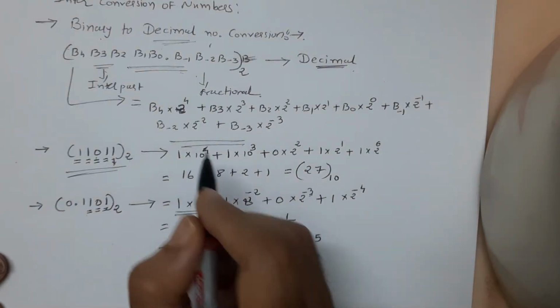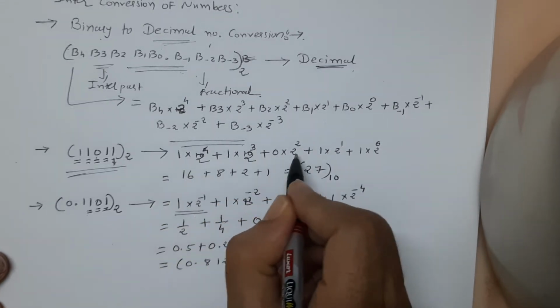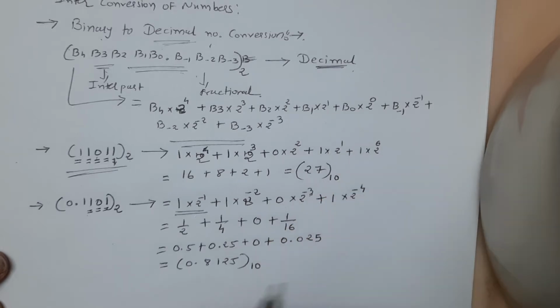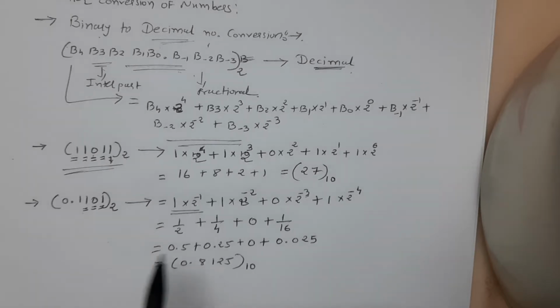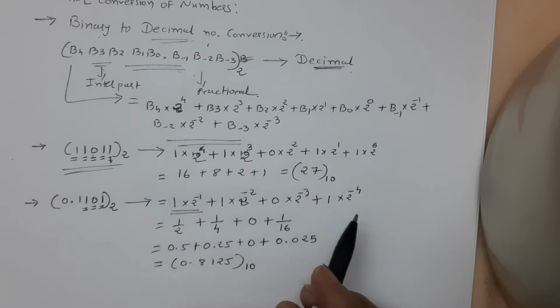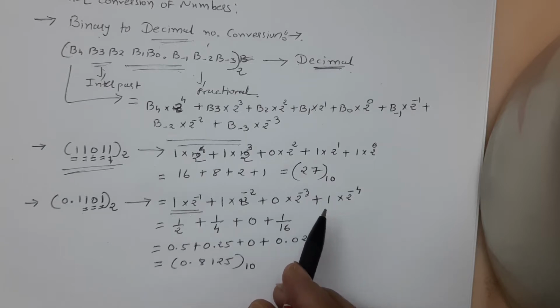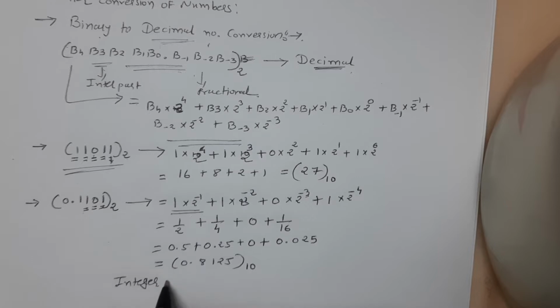And for the fraction, we use 2 raised to minus 1, minus 2, minus 3, minus 4. Now, we take the example of both integer and fractional.